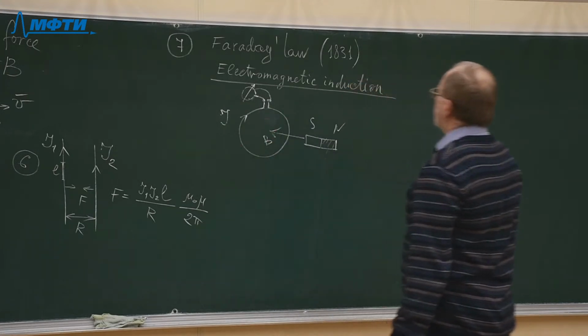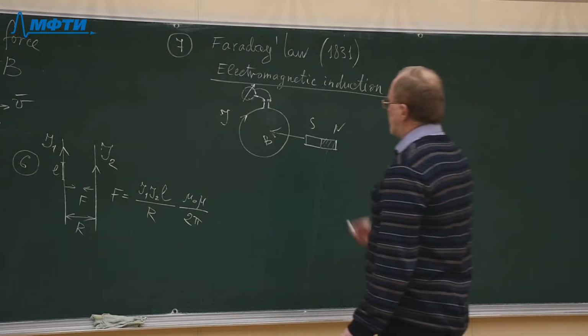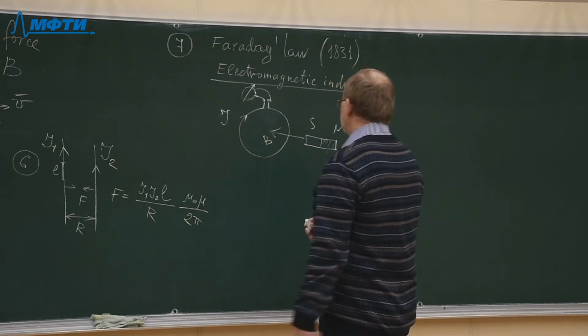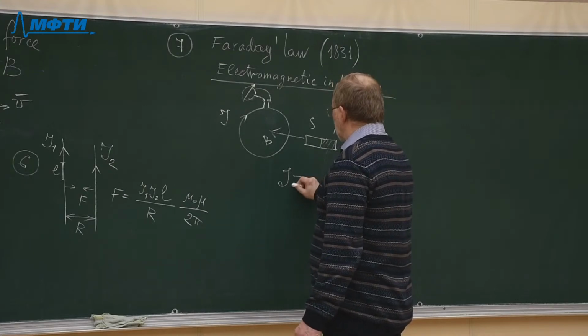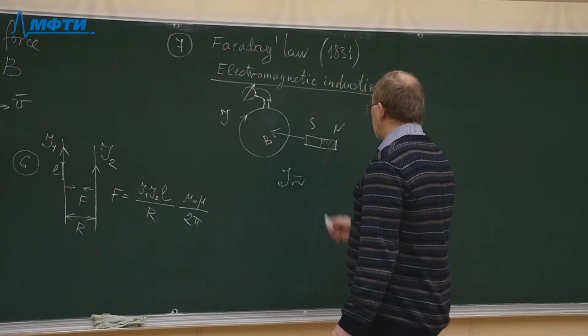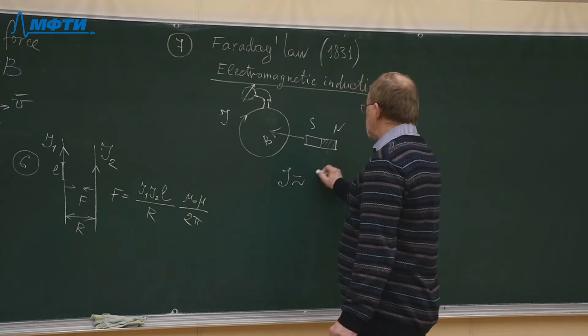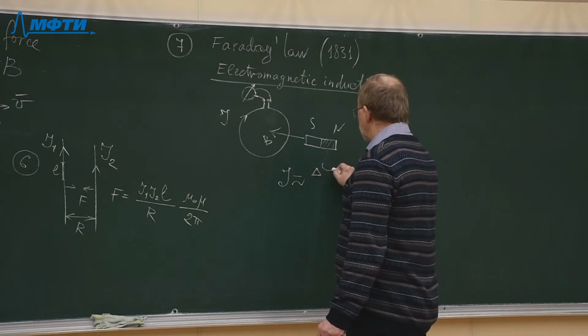So Michael Faraday came to the conclusion that the strength of the electric current is proportional to the rate of change of a certain physical quantity, which he called a magnetic flux.